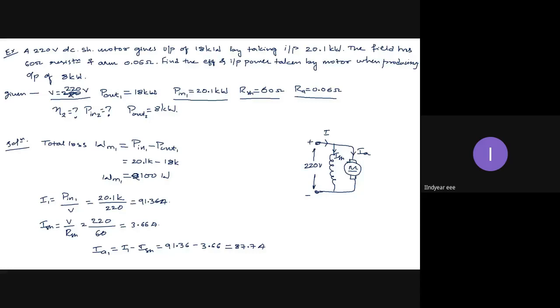Observe, I have the total losses known in the first case of load, armature current known, and armature resistance known. If I deduct armature copper losses from the total losses in the first case, I will get constant losses. And constant losses will remain the same irrespective of the load condition.